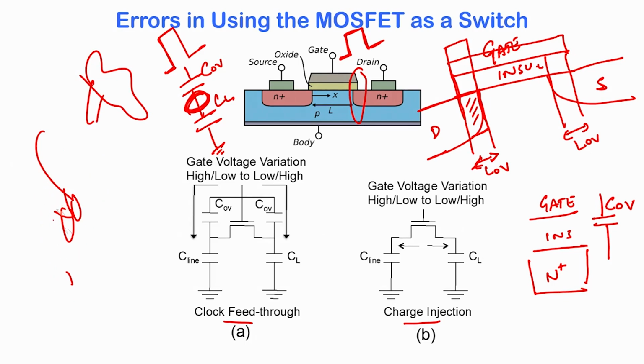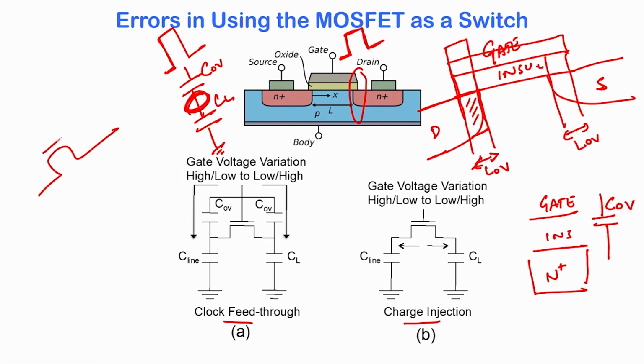When the gate goes high on your MOSFET, an inversion layer charge is formed. Where did the charge in this inversion layer come from? It came in from the source. And the moment the gate voltage goes off, the inversion layer has to disappear.